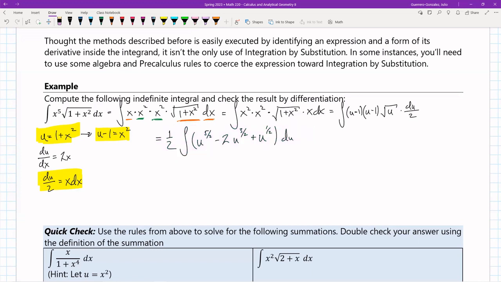If you remember how to integrate this, I can integrate each one separately now, times the 1 half up front.